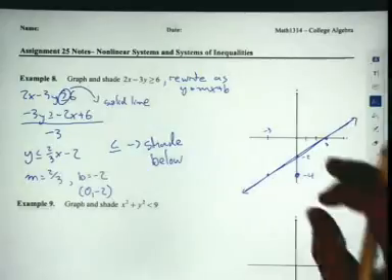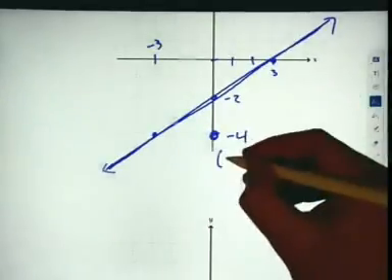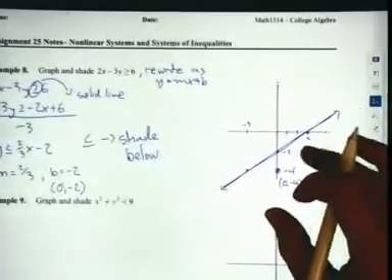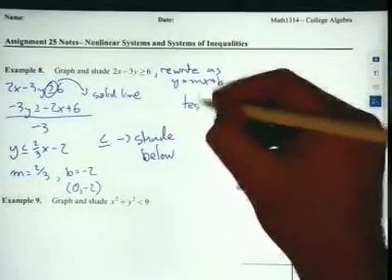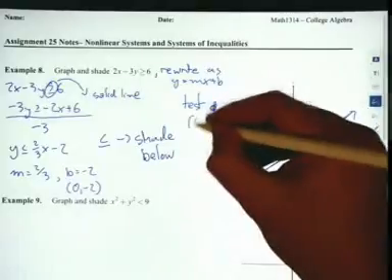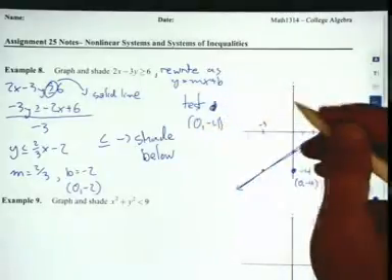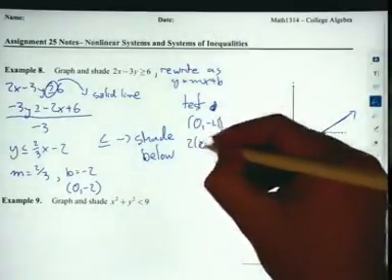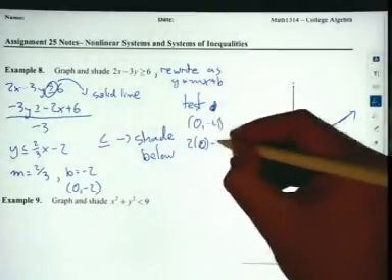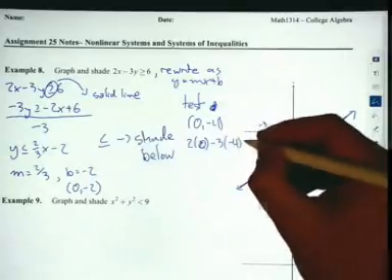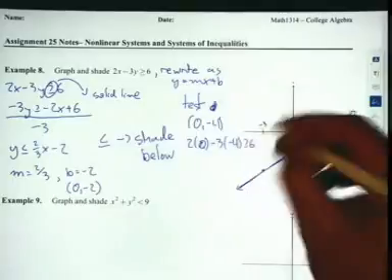I like easy test points, so let's pick the point 0, negative 4. Testing 0, negative 4, we have 2 times 0 minus 3 times negative 4 should be greater than or equal to 6.